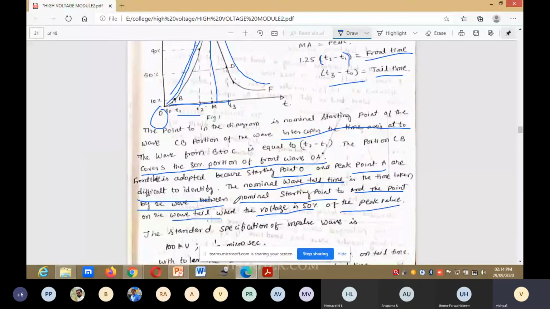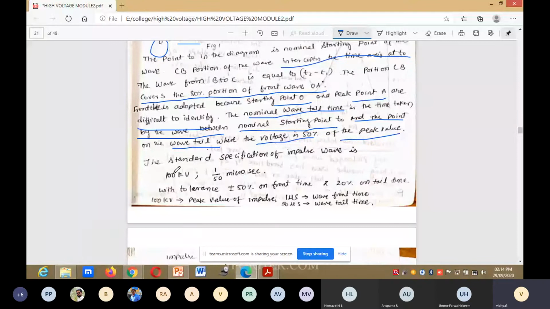The standard specification of impulse wave is 100 kV, 1 by 50 microseconds, with tolerance of plus or minus 50% on front time and 20% on tail time.